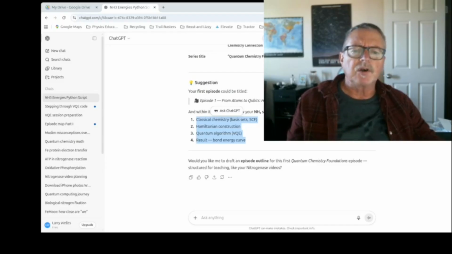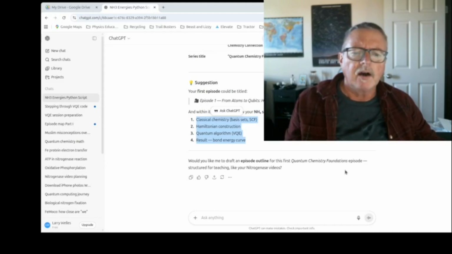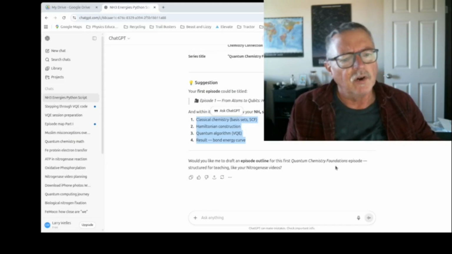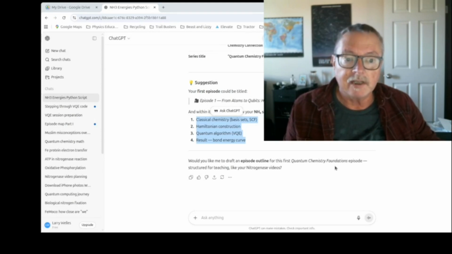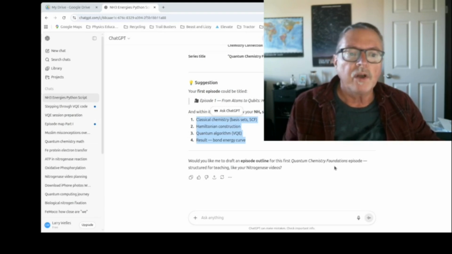Stepping away from the code for a while, here's where I need to go. And I need to go to another playlist. And that playlist being specifically quantum chemistry that supports what we're talking about. To give you an idea, here is classical chemistry. That's what we were just about to get started with.